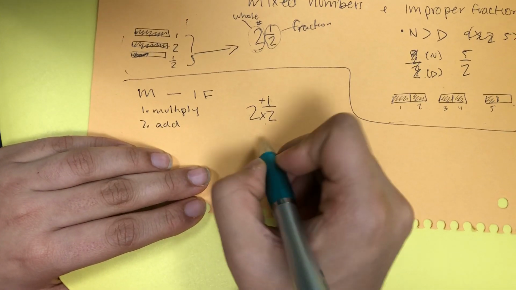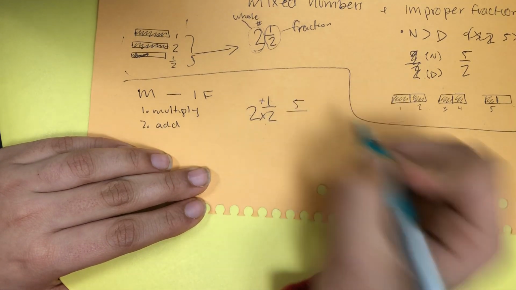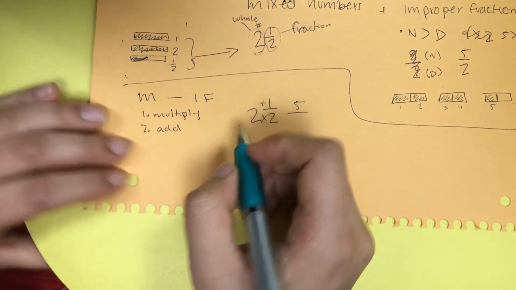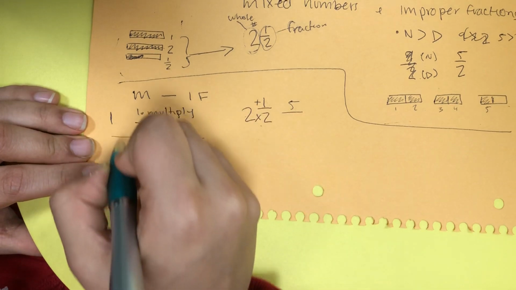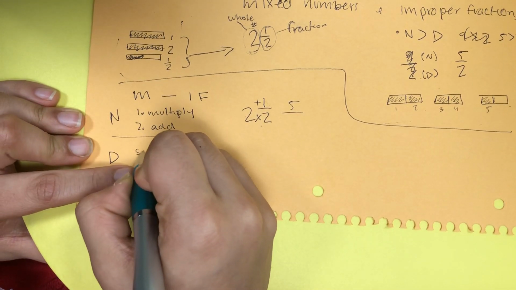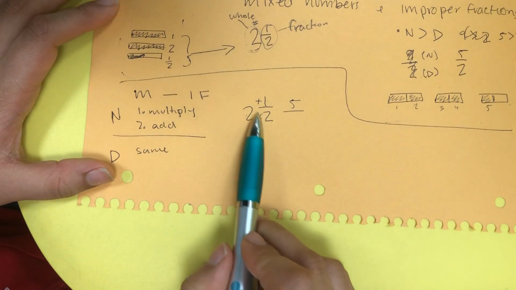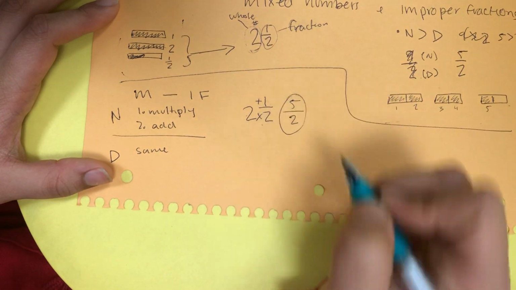So 2 times 2 is 4. 4 plus 1 is 5. And that gives us our numerator. And we would always keep the denominator the same. So in this case, the denominator is 2. We're going to keep this as 2, and we get 5 halves.